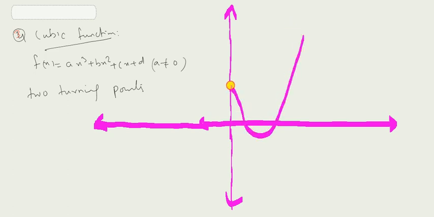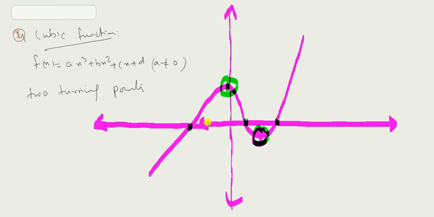Let me tell regarding this curve. Look at this curve. Here it is turning at this point. Also it is turning at this point. So hence the number of turning points is 2. And here you see at this point it is meeting the x-axis, this point it is meeting the x-axis, and it is also meeting the x-axis at this point.